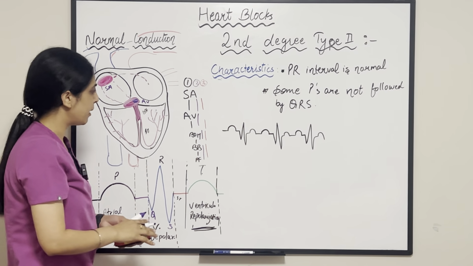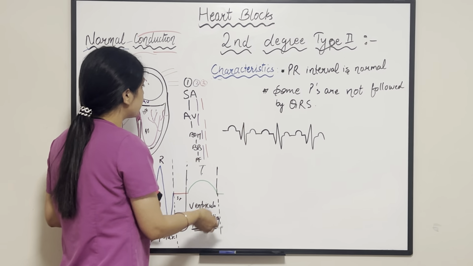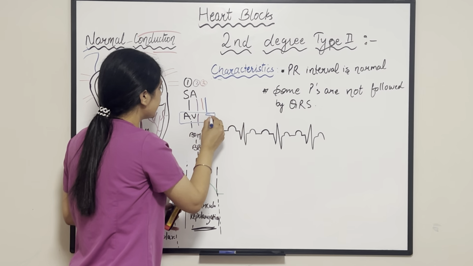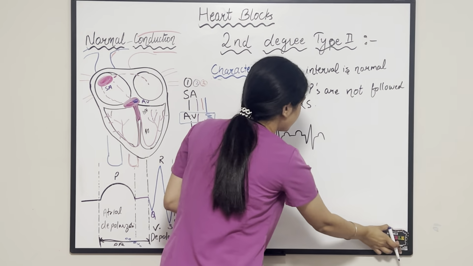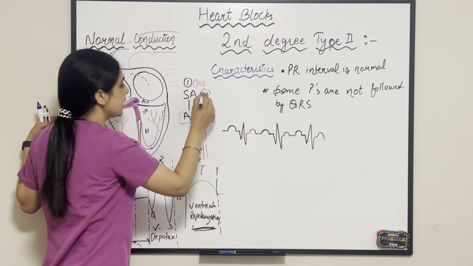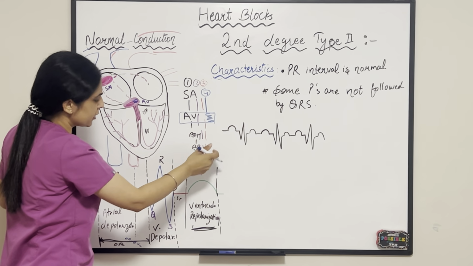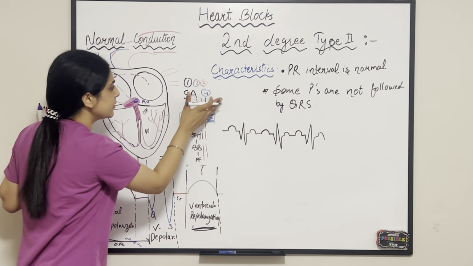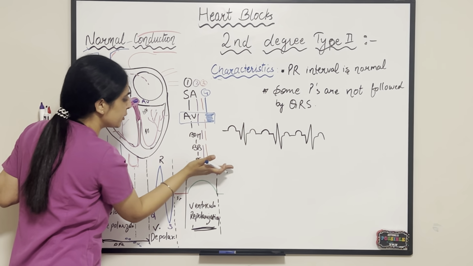But sometimes, for example, the fourth impulse that starts from the SA node faces a complete block at the AV node, so it doesn't move to the ventricle. The AV node blocks this impulse and it doesn't carry to the ventricle.